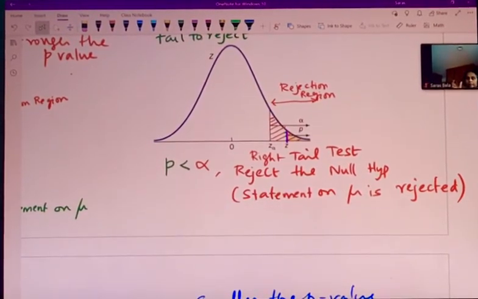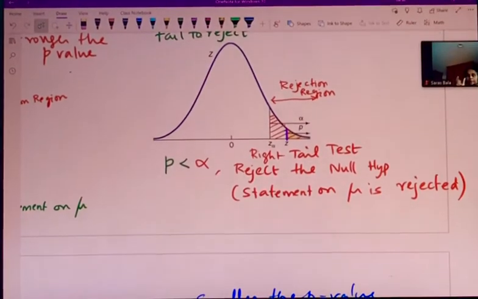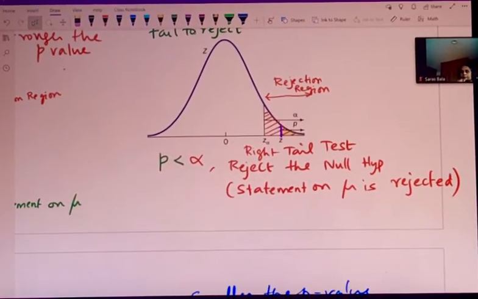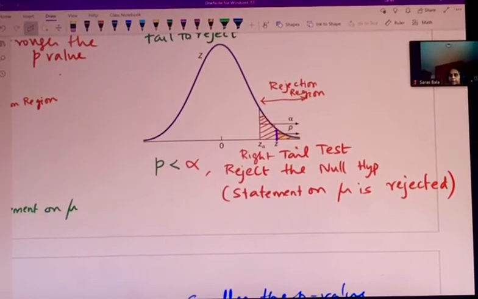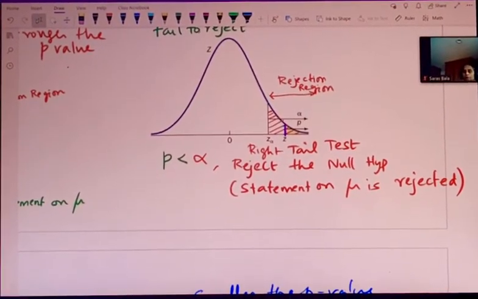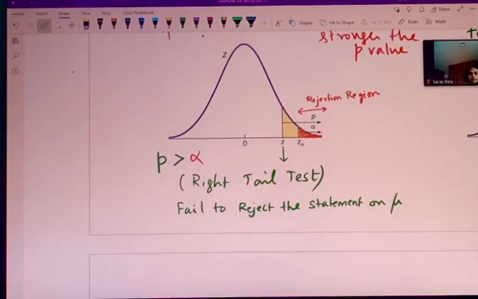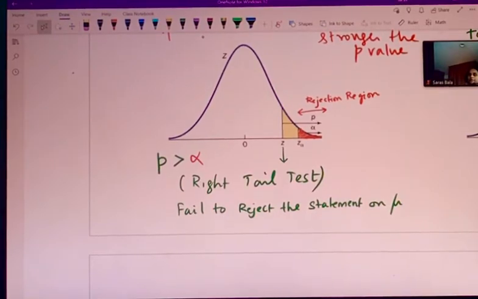If your p-value is smaller and it falls in the rejection zone, that means you're going to reject the statement on mu. On the flip side, if your p-value is bigger than alpha, that means you fail to reject the statement on mu. That means your statement on mu is good to go.